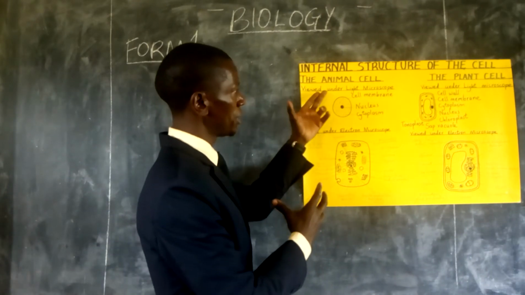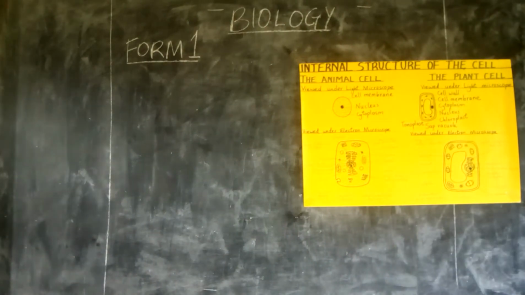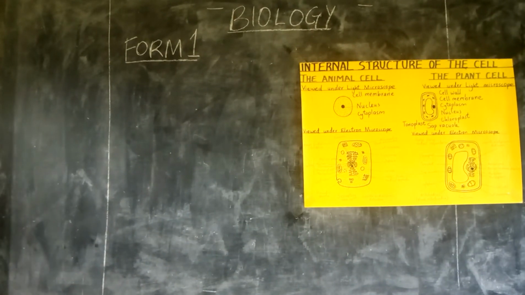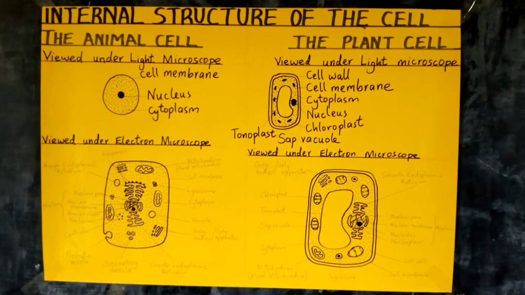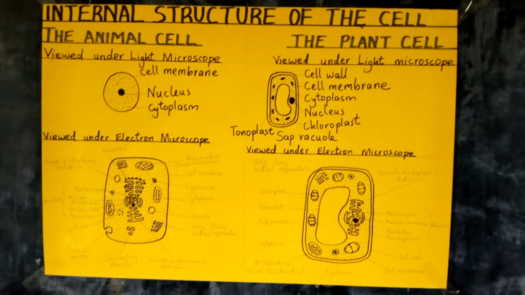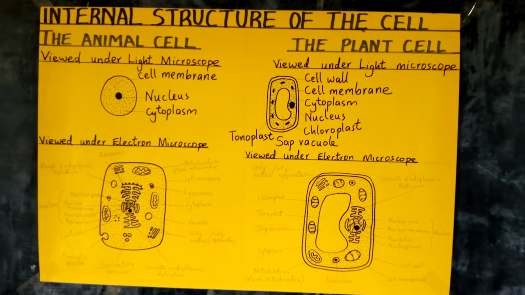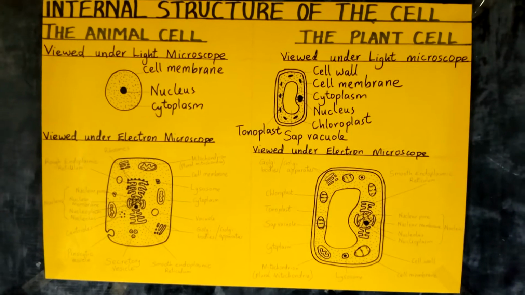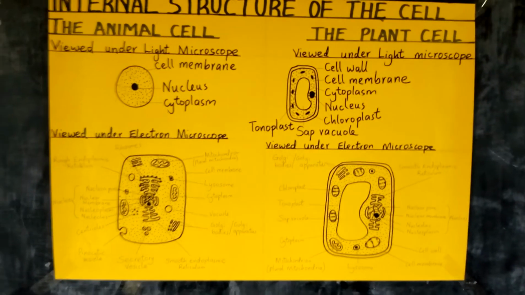This one here, this is the diagram of both plant and animal cells as seen under the light and electron microscope.